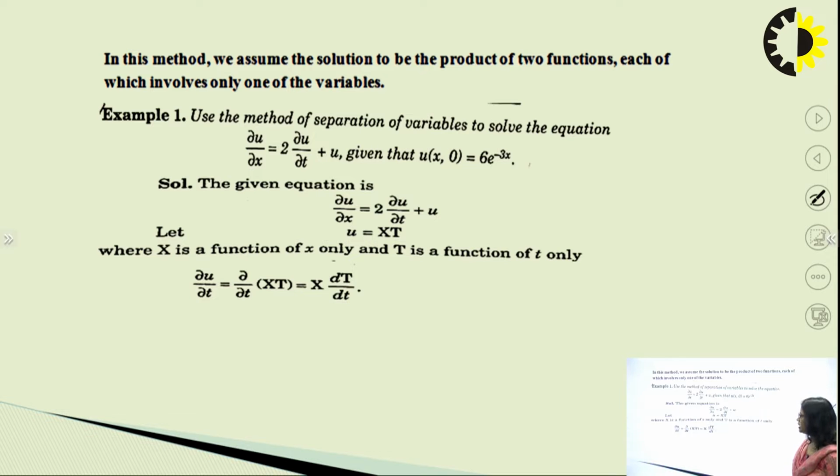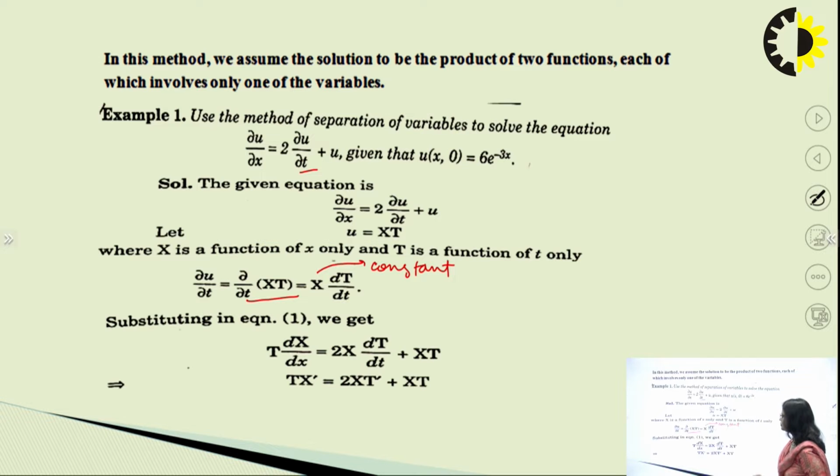Now we will take the derivative of u with respect to small t because we require this del u by del t. When we take the partial derivative, this X is considered as constant, and hence we are left with X dT by dt. So, substituting in equation 1, this is our equation 1.